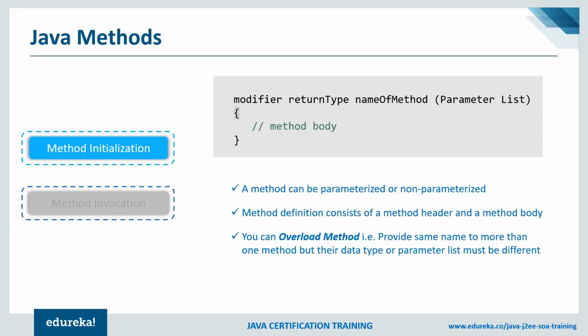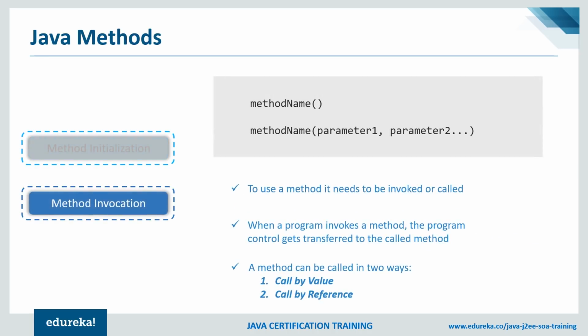We can even overload the method, which means using the same method name again and again and just changing the input list, so that the same method name is easy to remember, and we can pass a different set of inputs and have a different flow of execution. Now, when you want to execute the method, you write down the method name and put a semicolon at the end, so you'll be able to execute it.